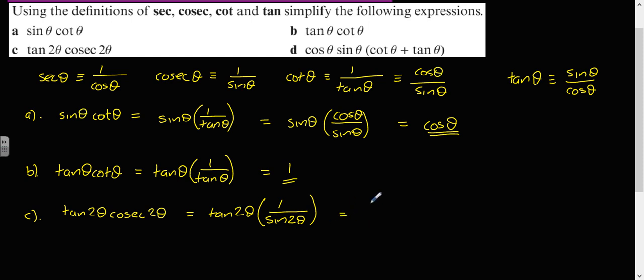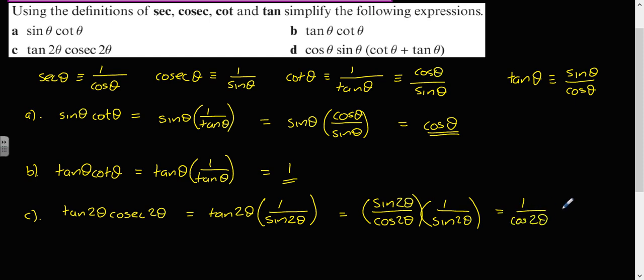They don't really cancel. So I could write tan as sine 2 theta over cos 2 theta, and then multiply by 1 over sine 2 theta. So sine 2 theta multiplied by 1 divided by cos 2 theta multiplied by sine 2 theta, quite a mouthful there. The sines cancel, and so we end up with 1 over cos 2 theta, which ultimately we can write as sec 2 theta.